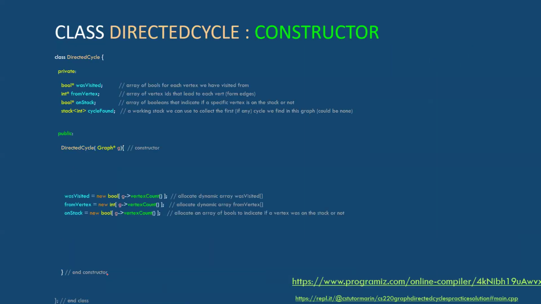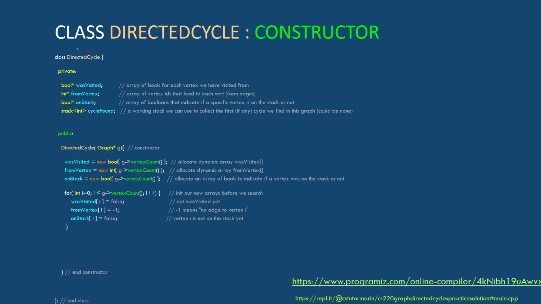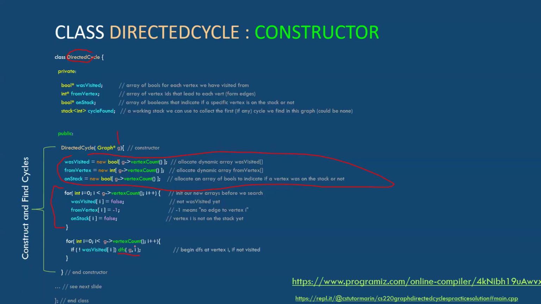So let's take a look at what that looks like. Once again, we're going to create a separate class. It's going to have a constructor where we get a graph. We're going to create our dynamic elements and initialize them. And we will follow that hopefully familiar pattern: for i equals 0, less than vertex count, if not was visited, recursively drop in and give it the i. Let's take a look at how we've changed our DFS slightly.